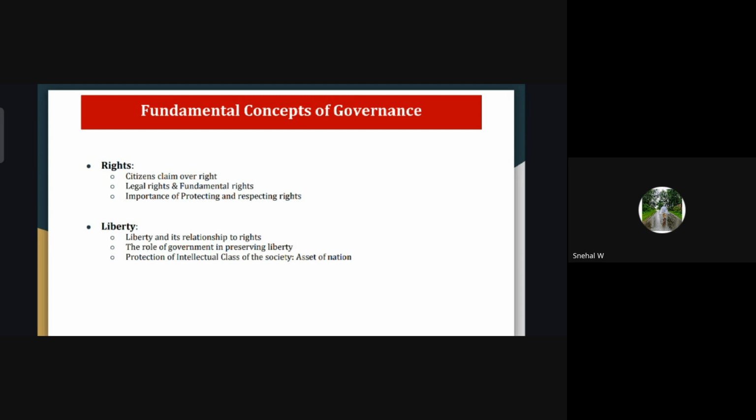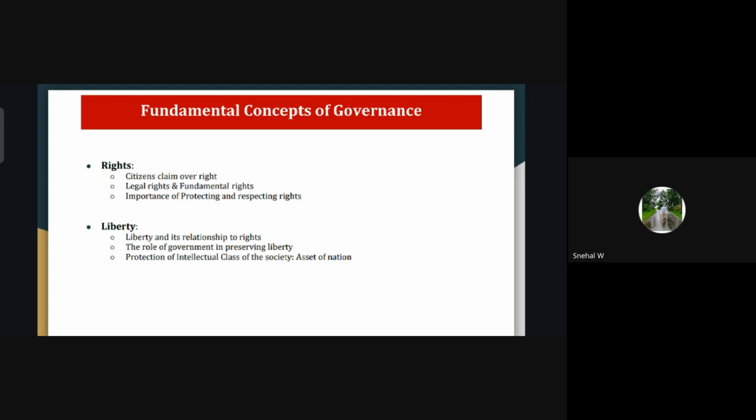That is the thing. So now you must have understood the difference between legal right and fundamental right. In legal rights, government is not extending any kind of help or support to you. Government would simply say that you are free to gain money, gain profit, and take your property. But when it comes to fundamental right, government has to take the responsibility.